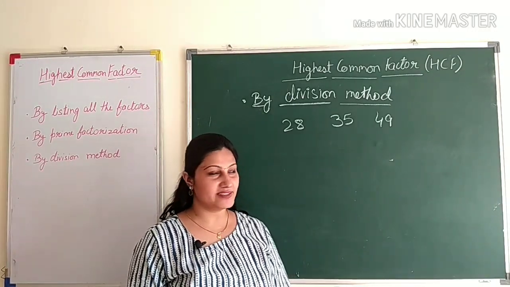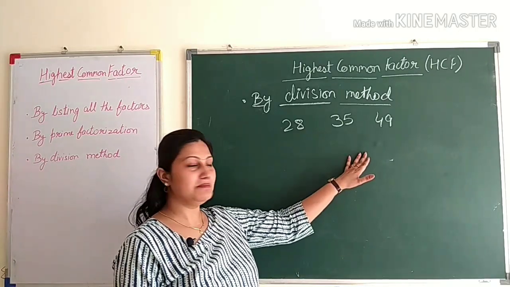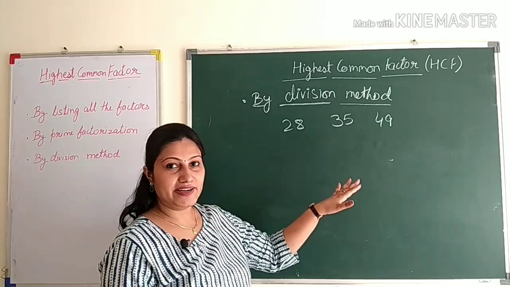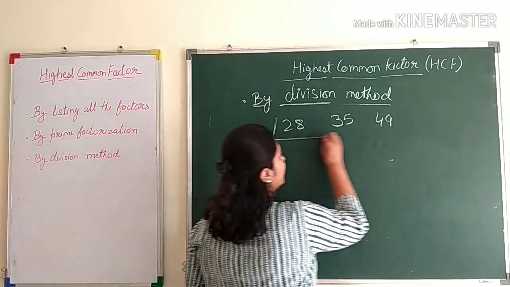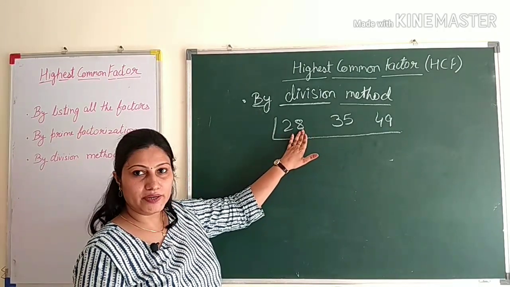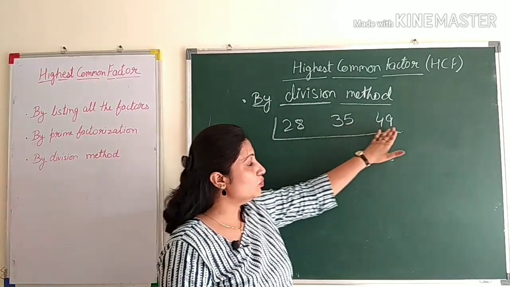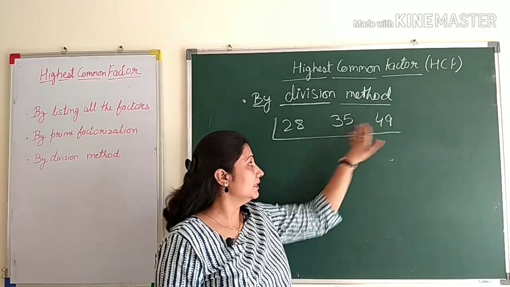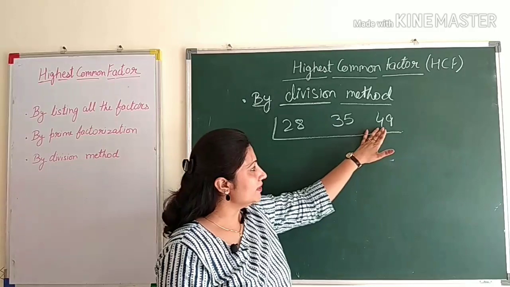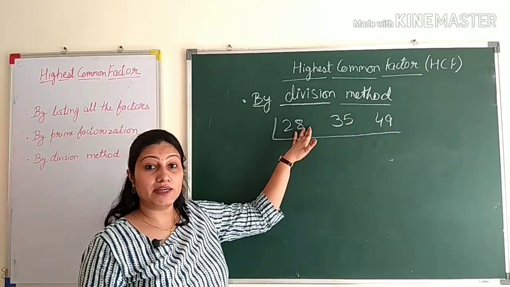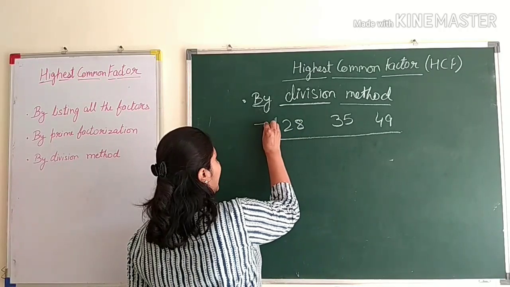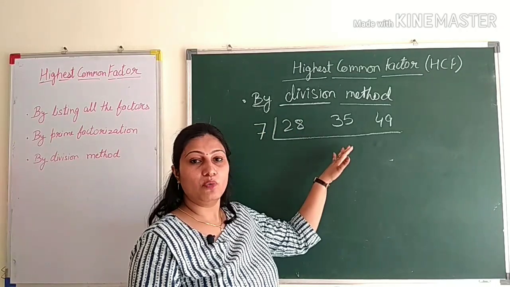Let's do one more example. Here I am taking again three numbers: 28, 35 and 49. Let's divide these numbers together with a common prime number. Here you can see one number ends with an even number, but the rest of the two numbers do not end with an even number. These are odd numbers. So what can we do? Here you can visualize all these numbers come under the table of 7, and 7 is a prime number. So here I can divide these numbers with 7.